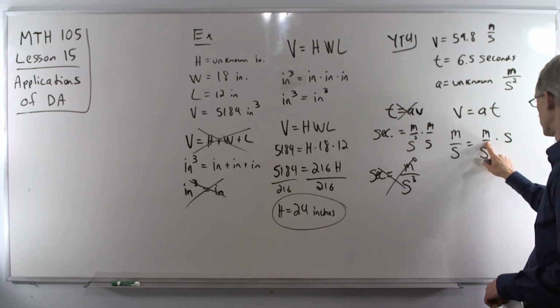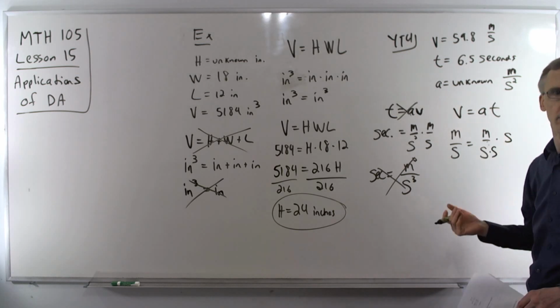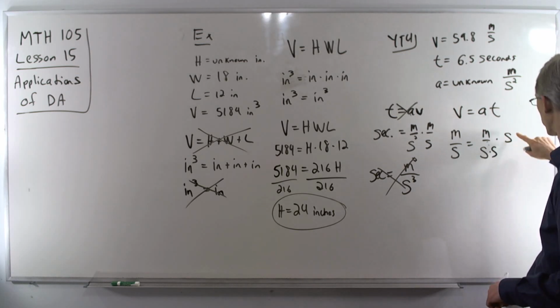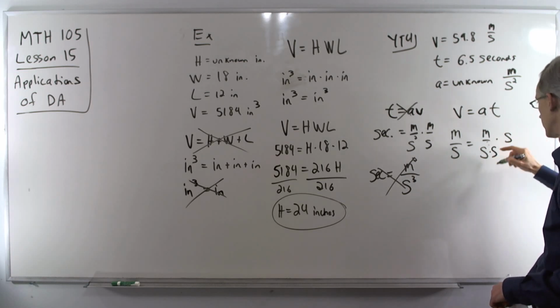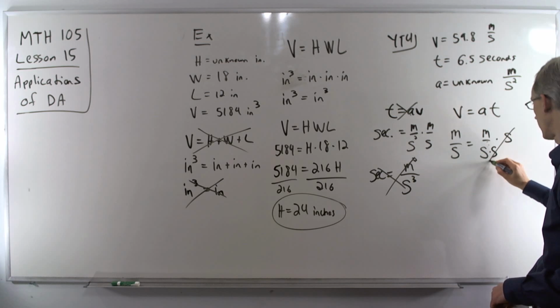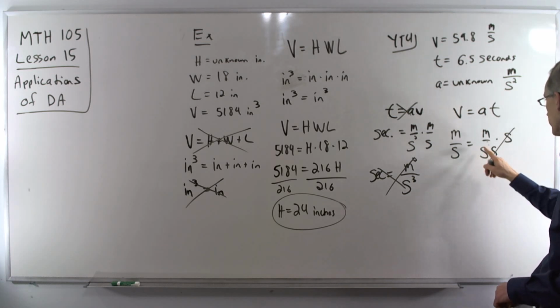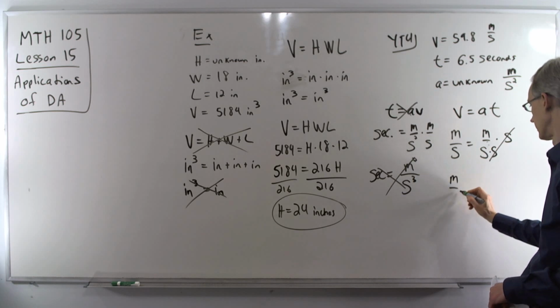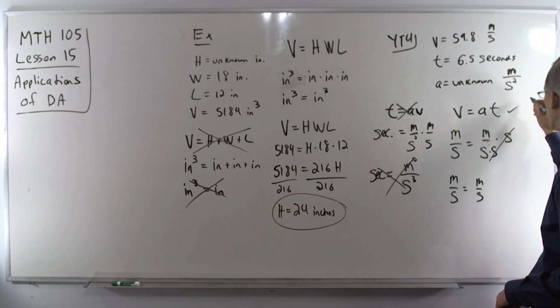All right, now seconds squared is just seconds times seconds. I'm going to write it like that. You can write it either way. And now we've got a seconds on top and a seconds on the bottom. That means one of those, not both of them, just one, always cancel in pairs. Those are going to cancel. What do we have left? Meters per second. So that matches, and that's a valid equation.